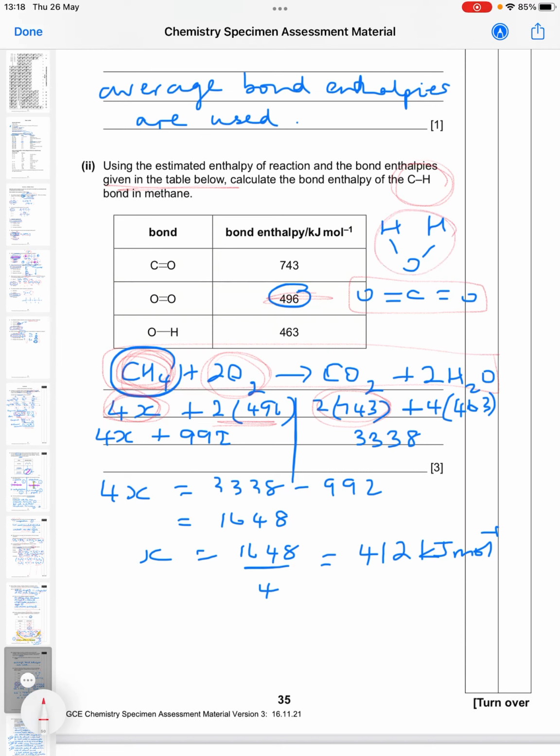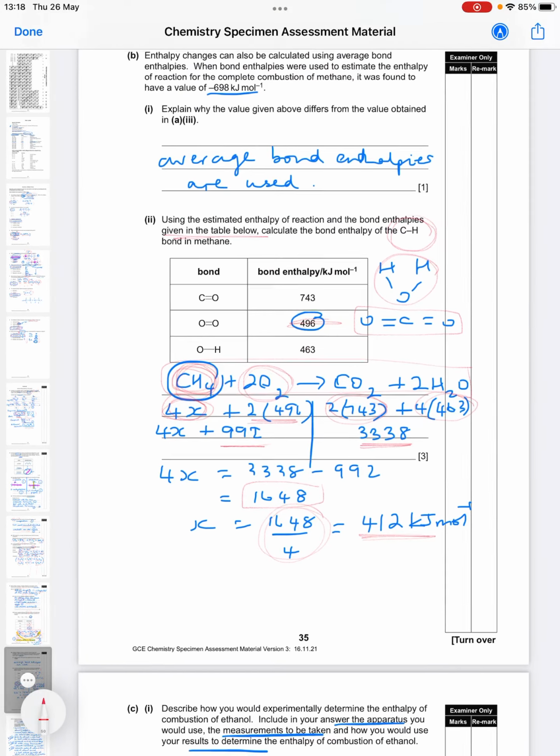And each water has 2 bonds, so it's a total of 4 bonds, so 4 times 463. So on the left hand side, 4x, which is the bonds in the methane, plus 992 is equal to 3,338 on the right. We take the 992 away from that number, we end up with 1648. And that gives us the value of 4 of those bonds, so we divide that by 4, and that gives us 412 kilojoules per mole.